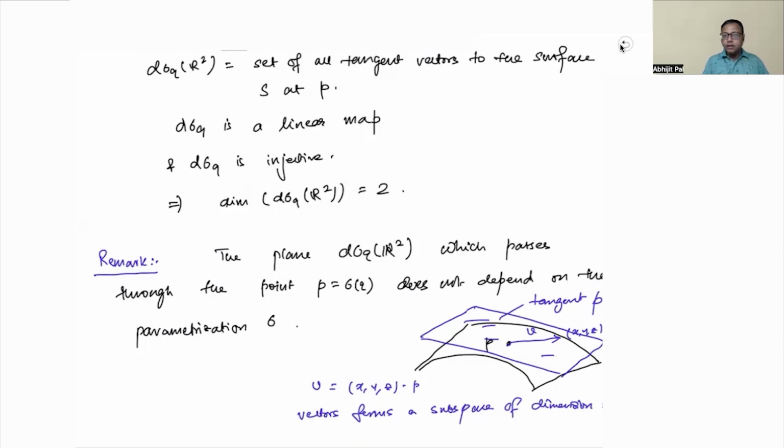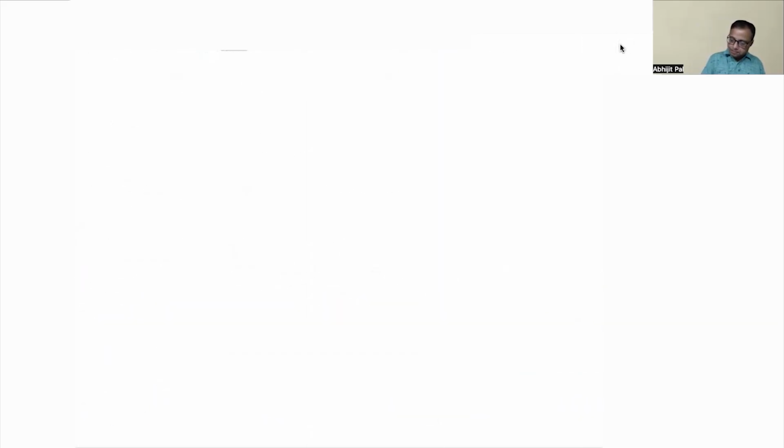All right. So now, what will be the basis of this set of tangent vectors, this vector subspace of tangent vectors? What will be the basis of the tangent space?